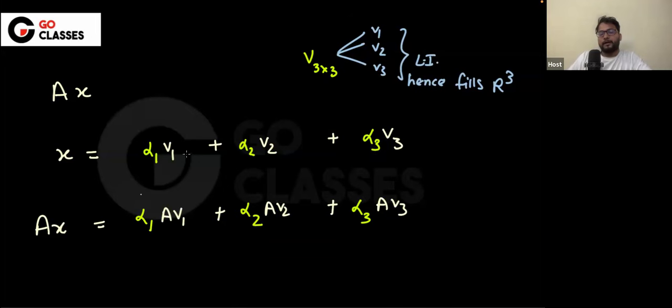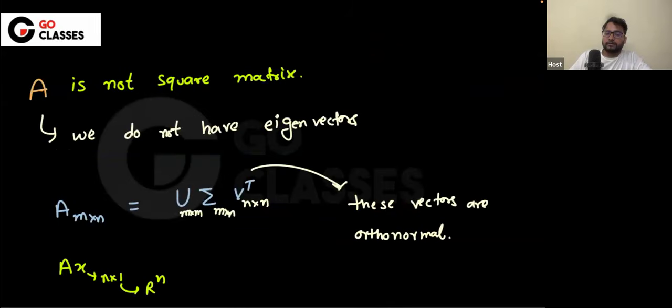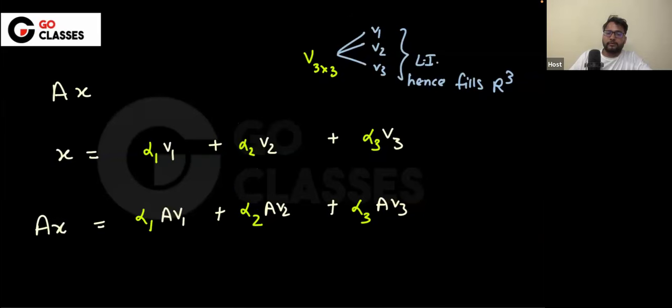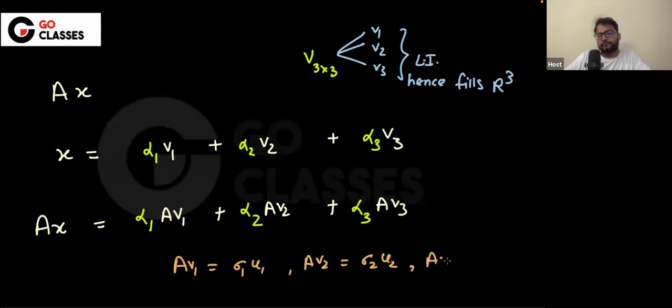Now what is this Av1? You might remember Av1 is sigma 1 u1. What is Av2? Sigma 2 u2. What is Av3? Sigma 3 u3, isn't it?